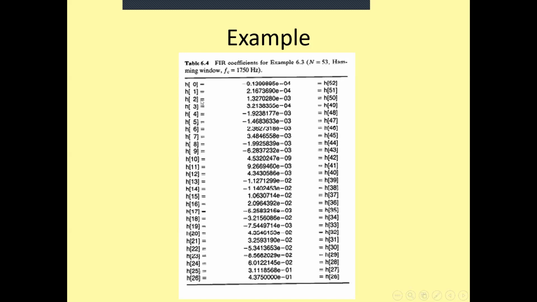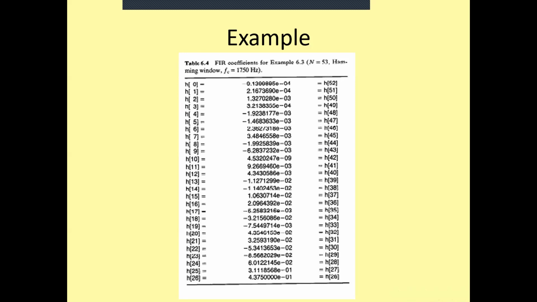We have symmetry between these values. Why are we looking to find the symmetry between the filter coefficients? To ensure that the phase of the filter is linear. This is about the solution, or finding the filter coefficients using the window method.